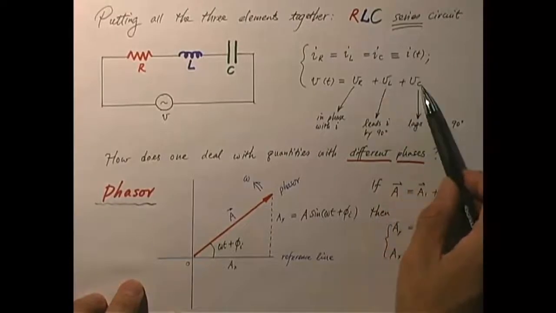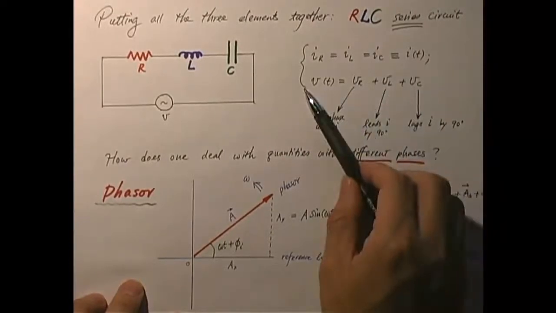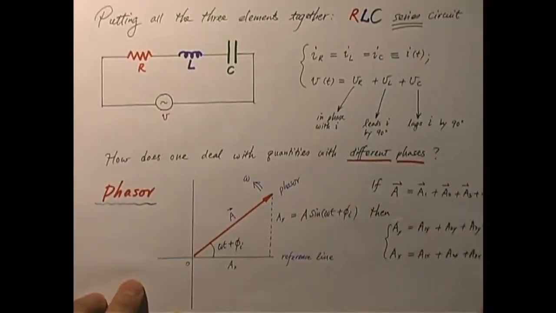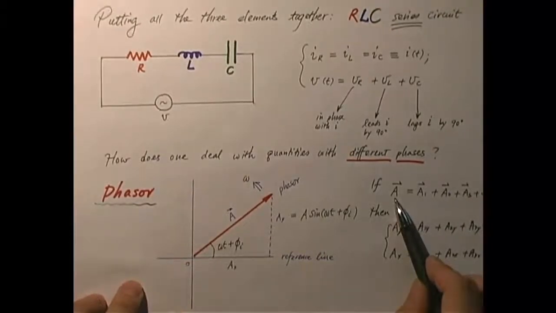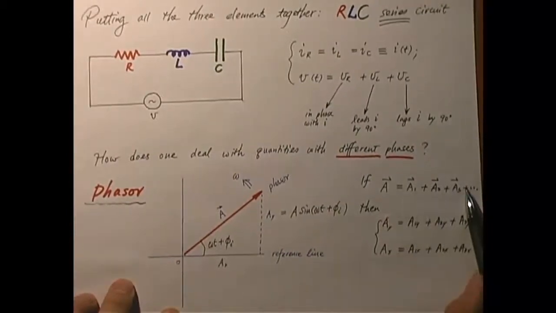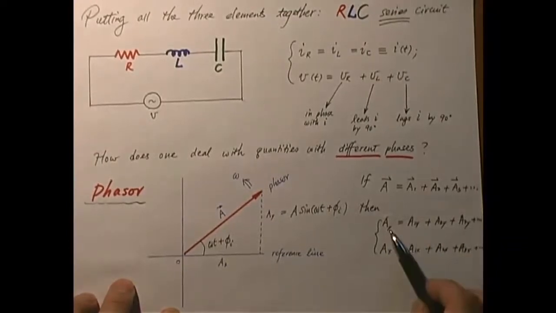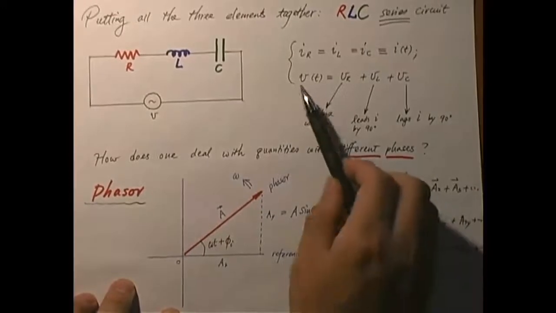And what I'm doing here is I'm trying to add all these y components up, right? But if a vector A equals the sum of a whole bunch of vectors, then isn't it true that the x components added up would be equal to the x component of the resultant vector, and the sum of the y components will equal the resultant y component, right? I'm looking for this.